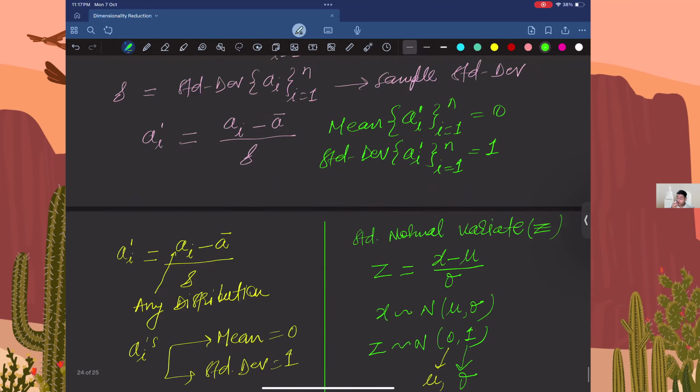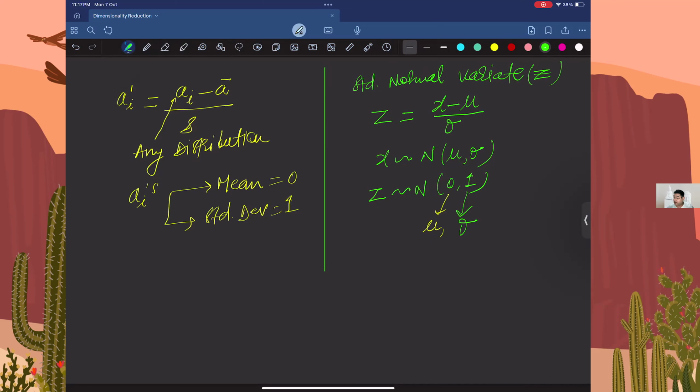Okay sir. So what is this standard normal variate basically? So that we have learned the standard normal variate, which is also called Z. And we know that this Z is nothing but X minus mu by sigma, where X is normally distributed with mu and sigma.